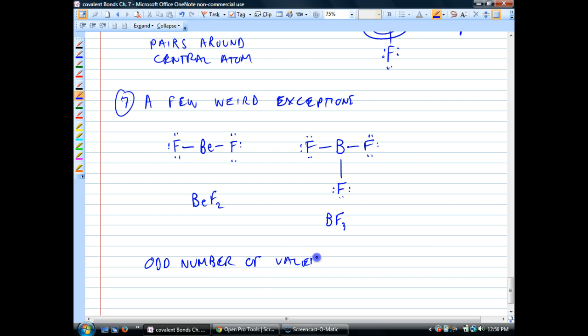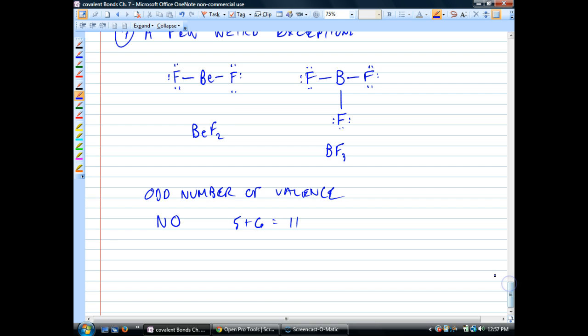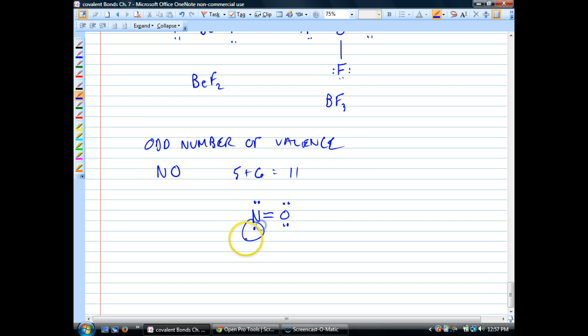Well, right off the bat, if you see an odd number of valence electrons, you know you have a problem. So NO, if I want to do nitrogen oxide, I'm going to say 5 plus 6 is 11. And I know I've got issues. It's going to end up looking like this, with an unpaired electron down here.